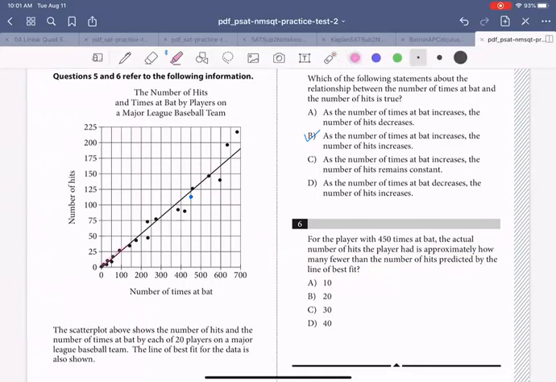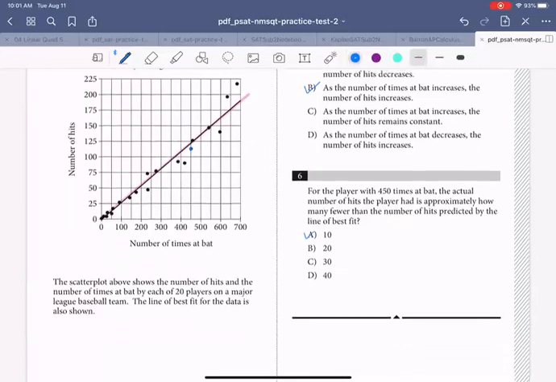Now they ask how much difference there is from this point to this line. That's what this question is asking. Does that make sense? So should the answer be A? Yeah. So here is about half, so this is about 10. Okay. That's very good.